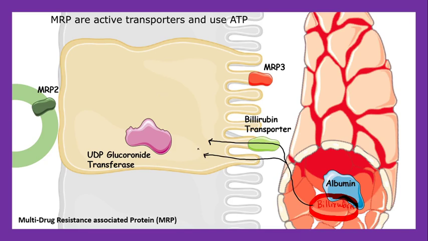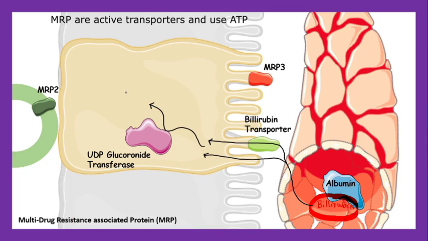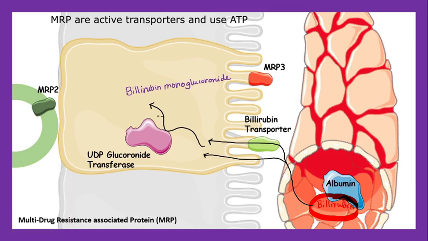Now within the hepatocytes, it will get acted upon by one enzyme known as UDP glucuronyl transferase, which converts bilirubin into either bilirubin monoglucuronide or into something known as bilirubin diglucuronide.